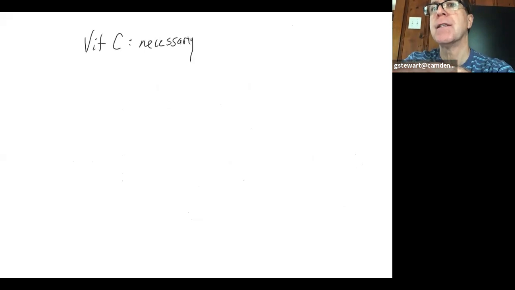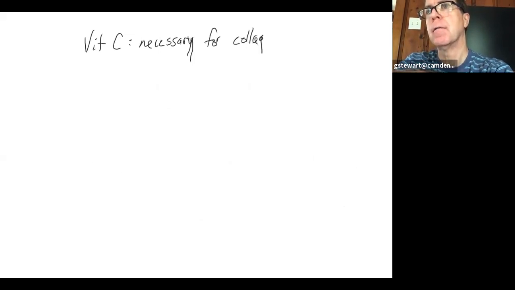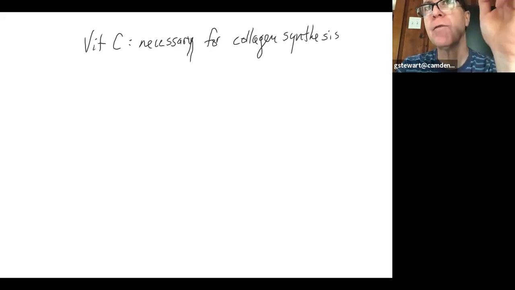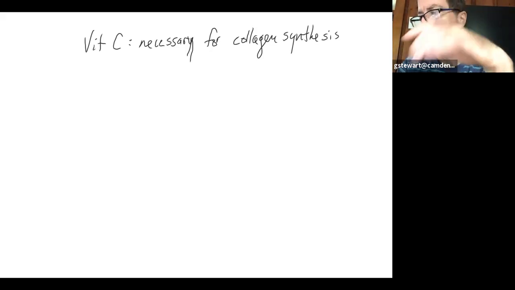So vitamin C, this is also called ascorbic acid. Vitamin C does all sorts of great things in our body, but for our bones, it's necessary for collagen synthesis. Collagen is a really tough protein, and we find collagen fibers in bone tissue that give bones some flexibility when stress is put on them.